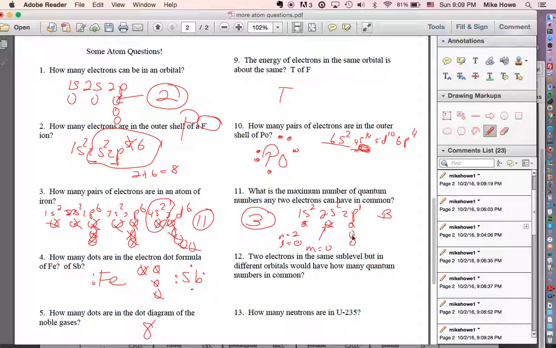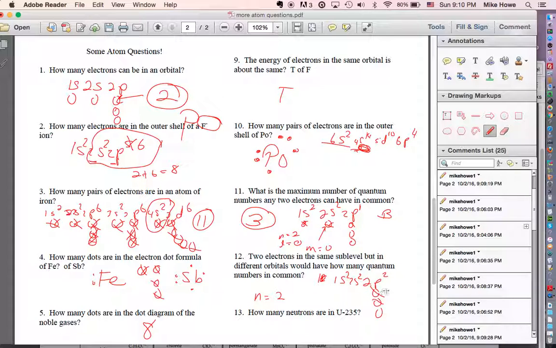Let's go to carbon now. So 1s2, 2s2, 2p2. And we'll use the 2p2, single here, single here. These are in the same sublevel, both in 2p, but in different orbitals. So n equals 2.